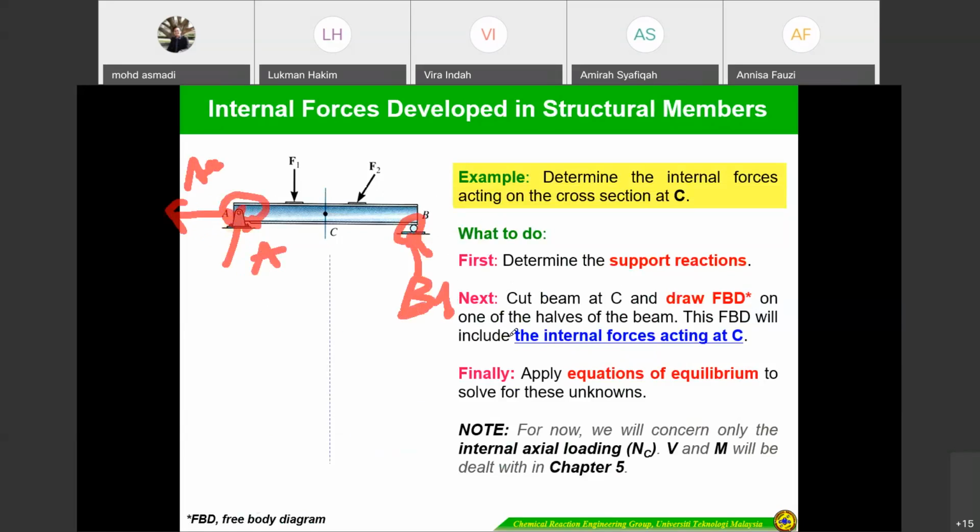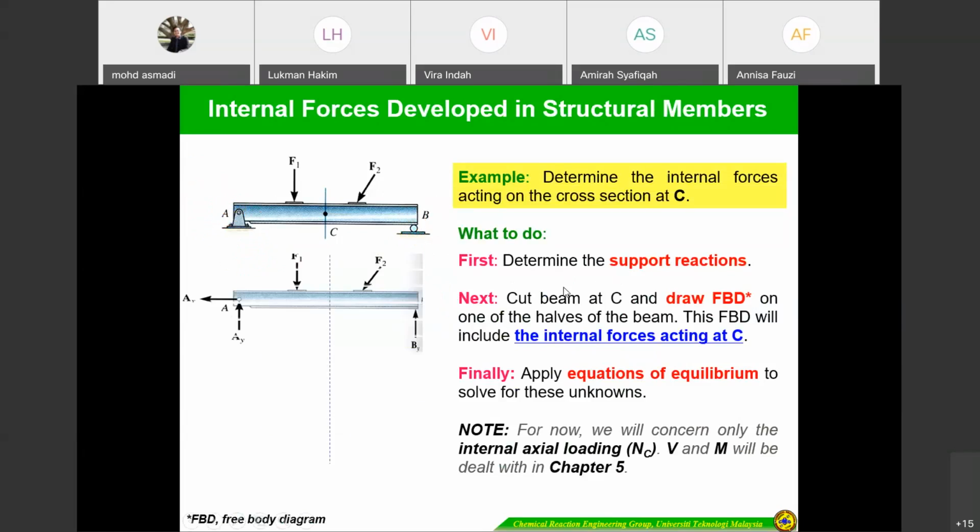This FBD includes the internal force acting at C. So it's stated that you have to cut the beam at the point C. This is the overall free body diagram, and then we are going to cut this one, including the internal force. You have to remember that once you cut, there's going to be internal force.